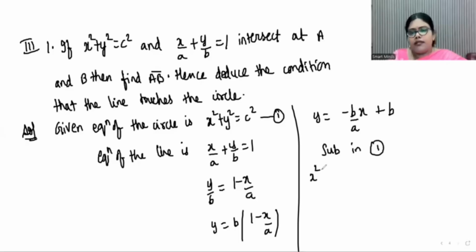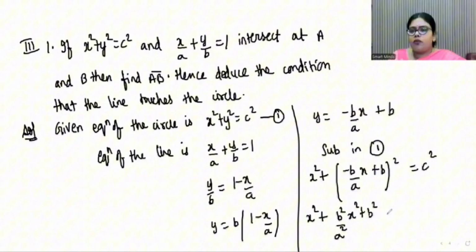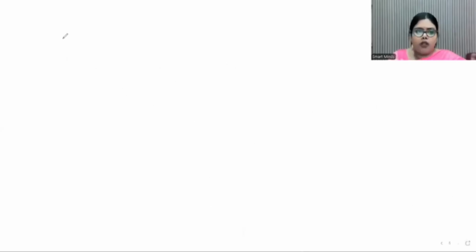So you will get x square plus minus b by a x plus b whole square is equal to c square. Now if you expand this, you will get b square by a square x square plus b square minus 2 b by a into x into b is equal to c square. Now if you combine the terms, what do you get? 1 plus b square by a square into x square.